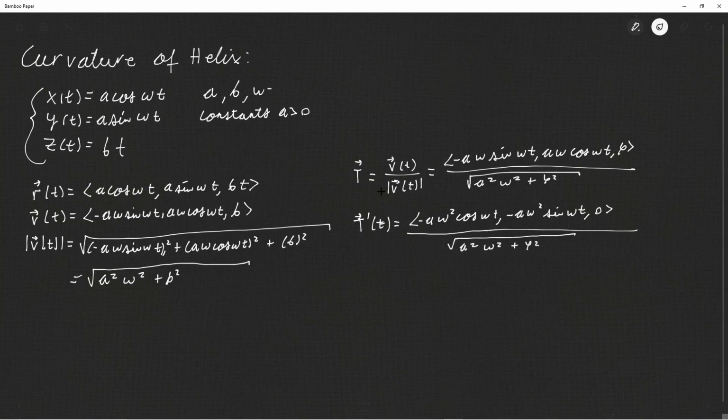And now our final step is going to be taking the magnitude of this.